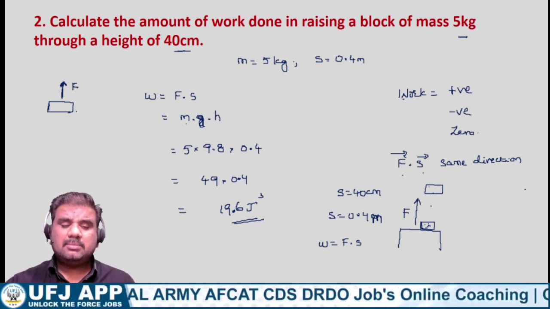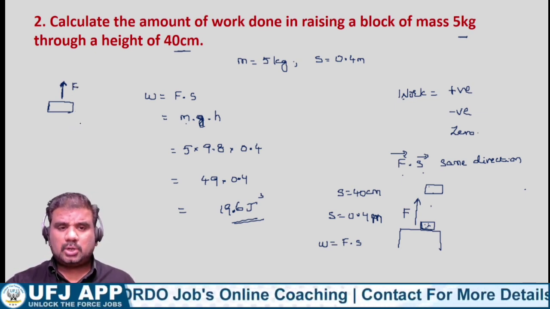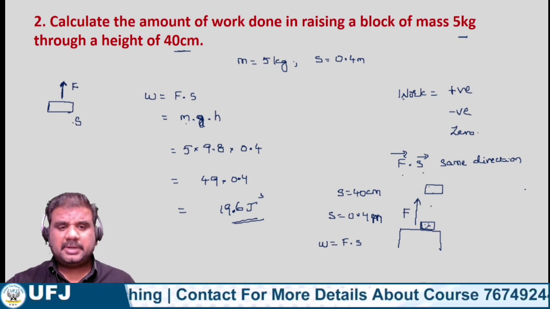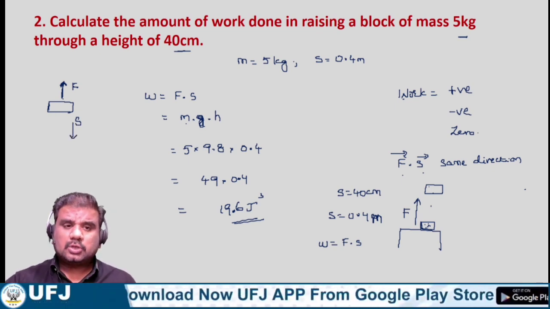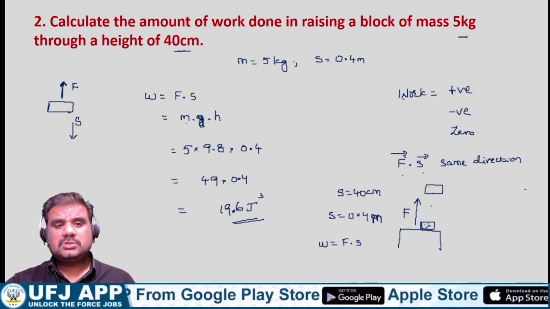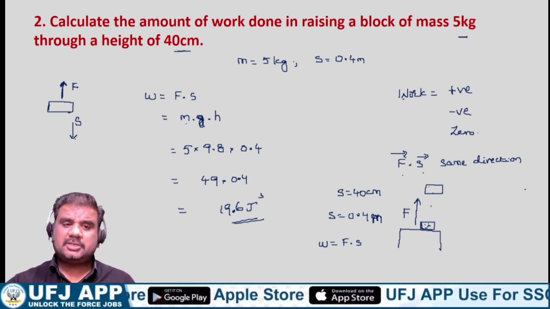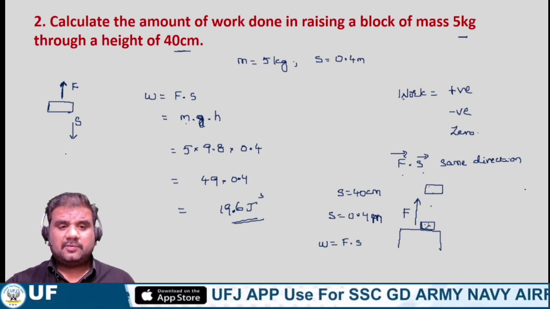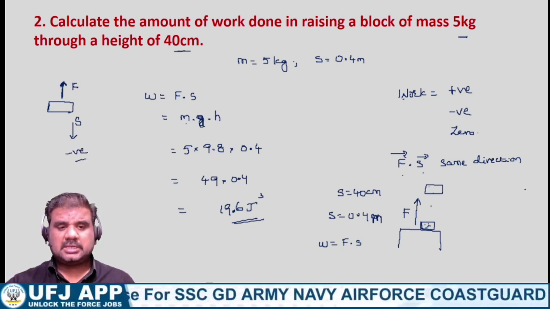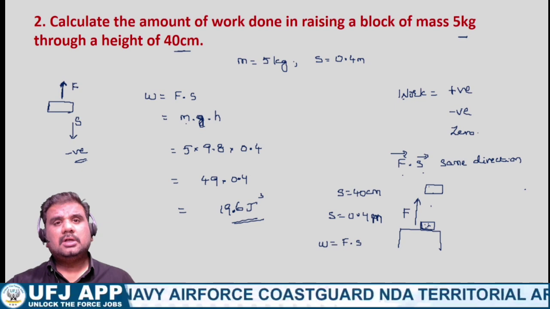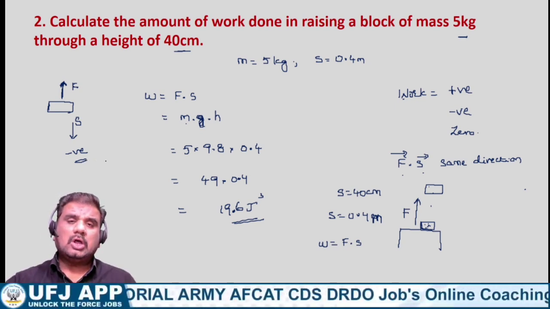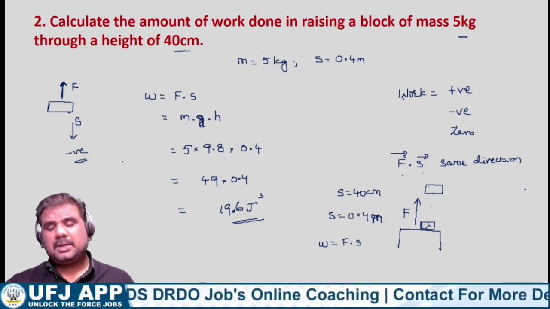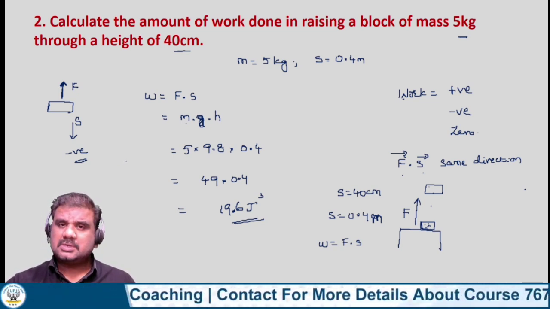At the same time, you are trying to place the object in the downward direction. So displacement is in the downward direction, force is in the upward direction. So here in this particular case, force and displacement are acting in opposite directions. Therefore, the work done here is negative work. So whenever you are trying to place an object on the ground or on the table, work done will always be negative.